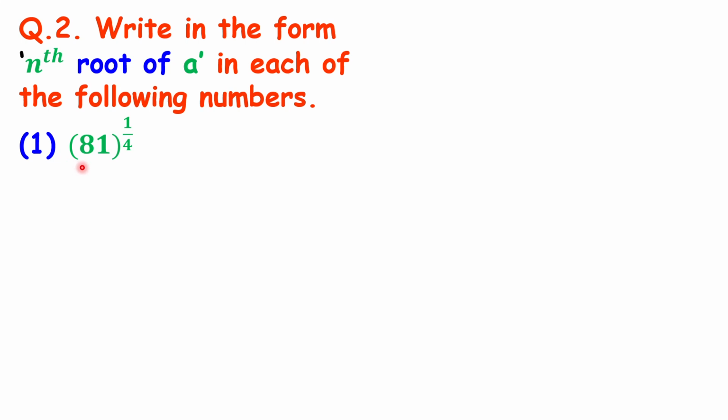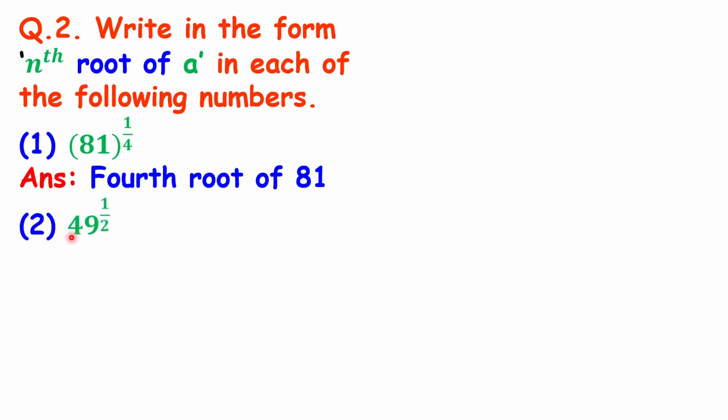So here in this example 81 is the base and 4 is the denominator of the index. So nth root of 81 in this form, answer is denominator is 4, so fourth root of 81.